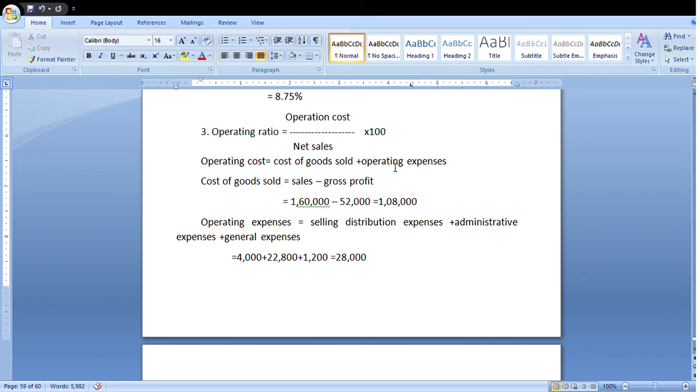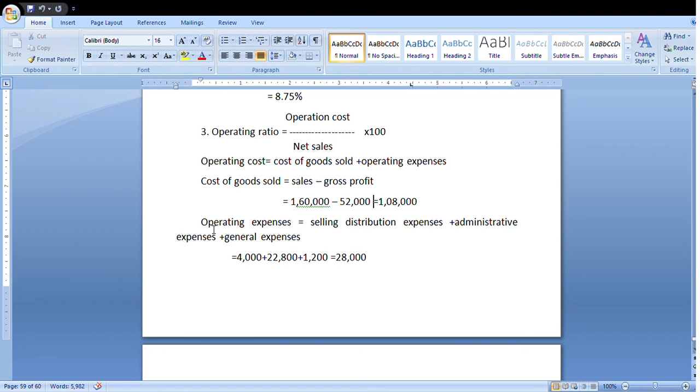Cost of goods sold is equal to sales minus gross profit. Already you know the sales in the problem: 1,60,000 minus gross profit 52,000 is equal to cost of goods sold 1,08,000.